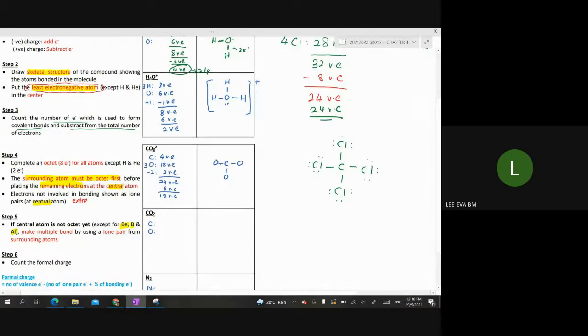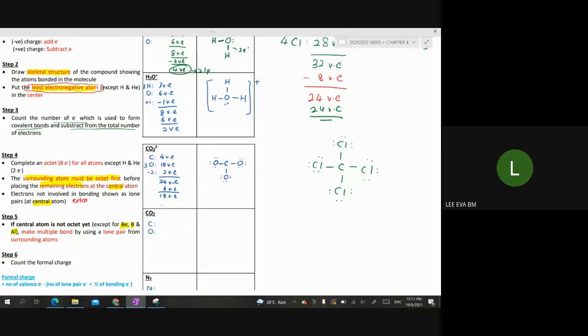So oxygen, I got 2, 4, 6. 6 times 3, you get 18. Remember, here madam does step four, filling the surrounding atoms with octet. So for one oxygen, madam puts in 6 electrons. Look at the 6 dots on one oxygen. So 6 electrons, 3 oxygens, there are 18 valence electrons we use.